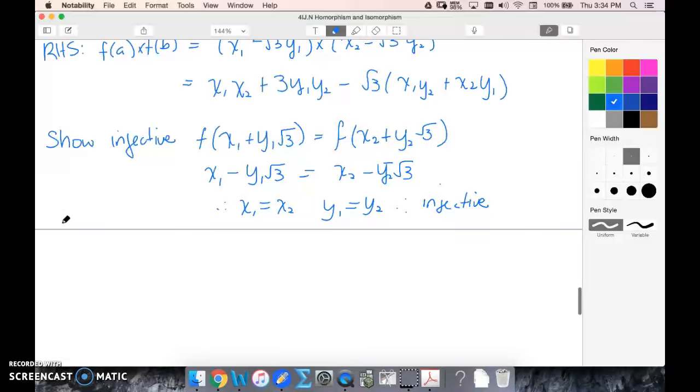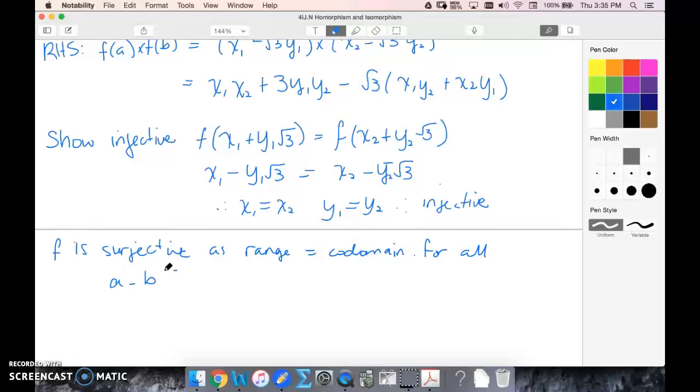So f is surjective, as range equals codomain for all a minus b root 3 element of our set. All right, so we've shown everything we need to show to prove that this is an isomorphism.